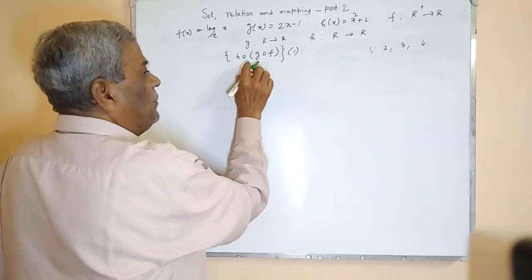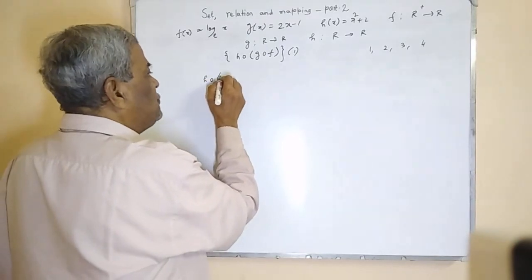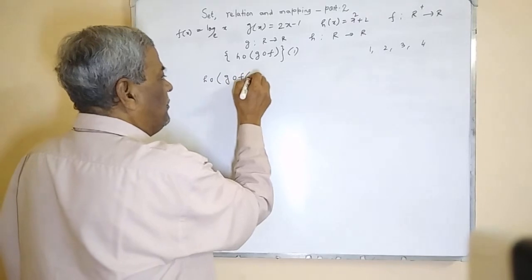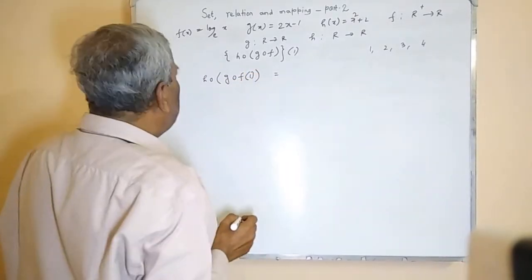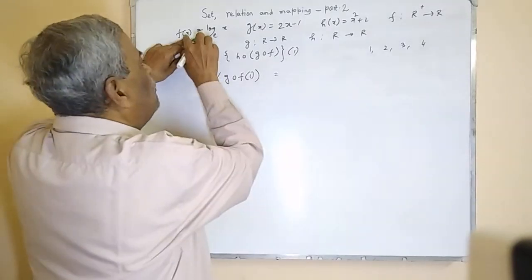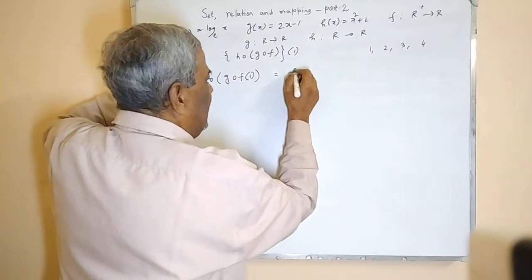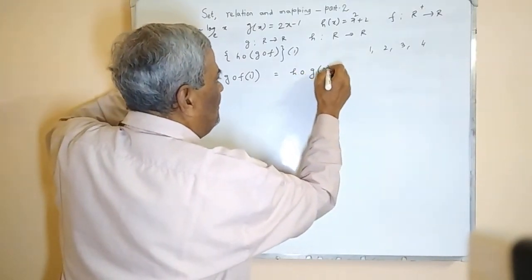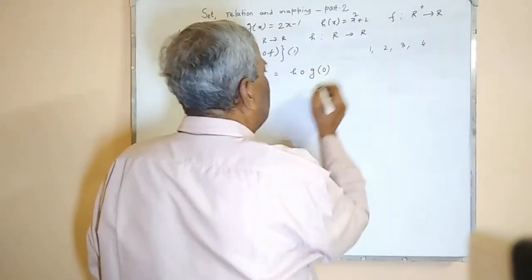This is equal to h composition g composition f of 1, which starts with f(1). f(1) is equal to log 1 base e, that is 0. So it is h composition g of 0. g(0) we can very easily calculate. g(0) is equal to minus 1.